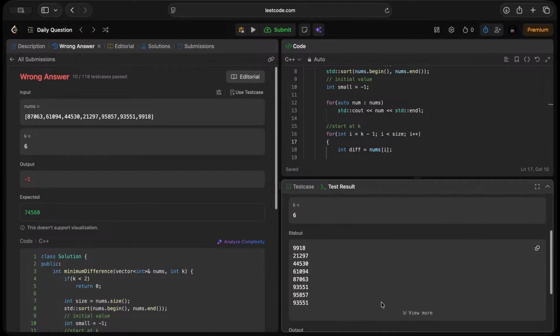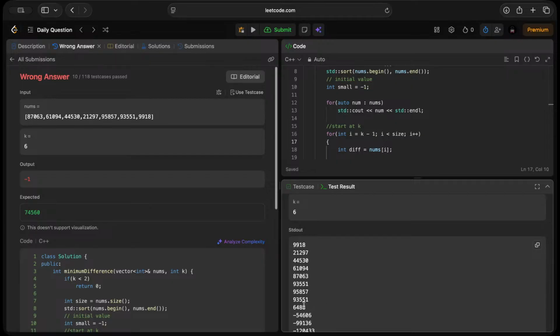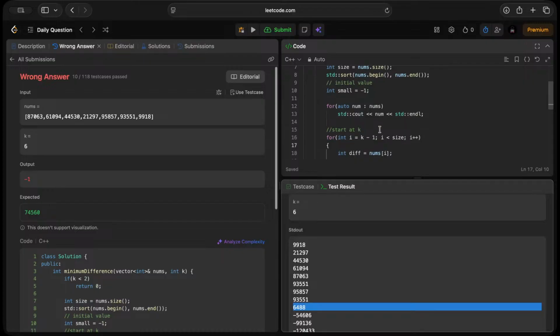So that 935, that's where it ends. But where's the 604.88 coming from?